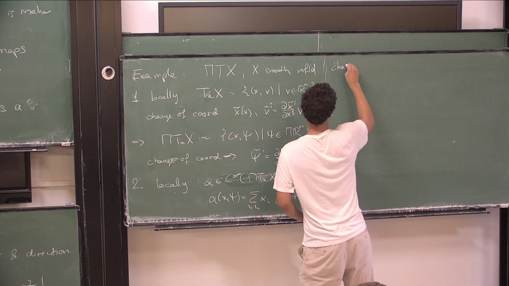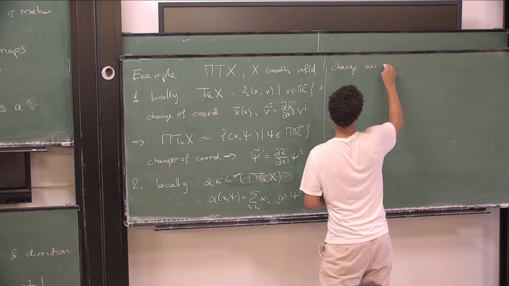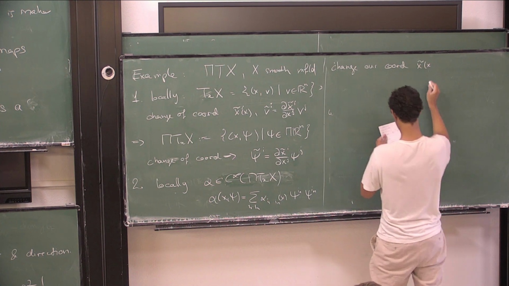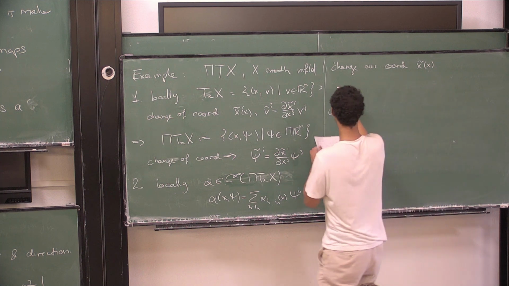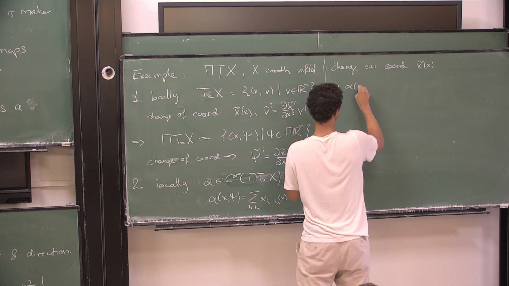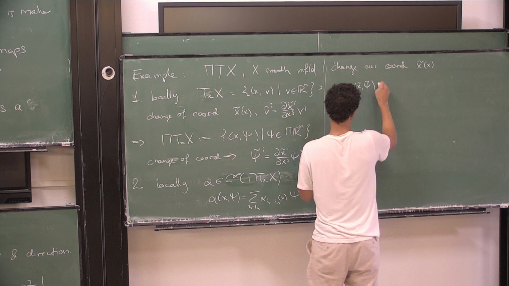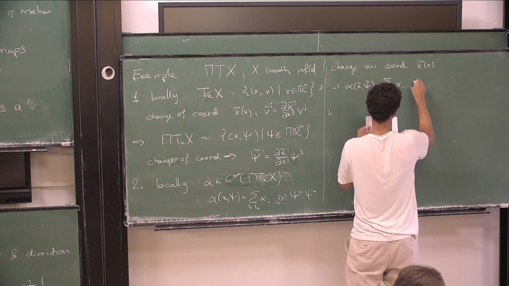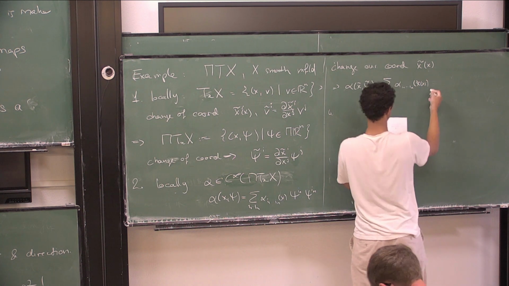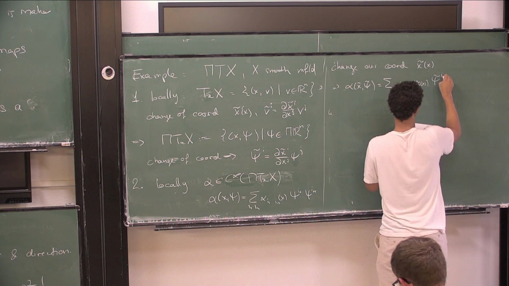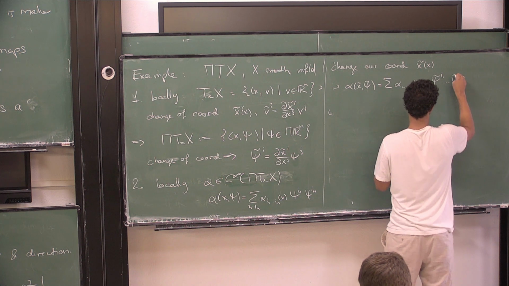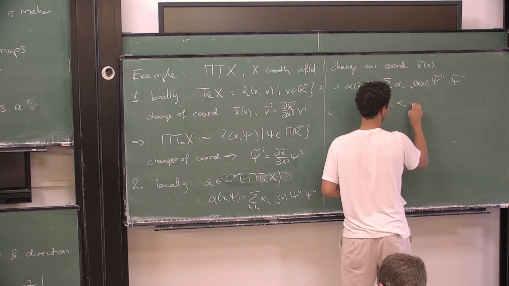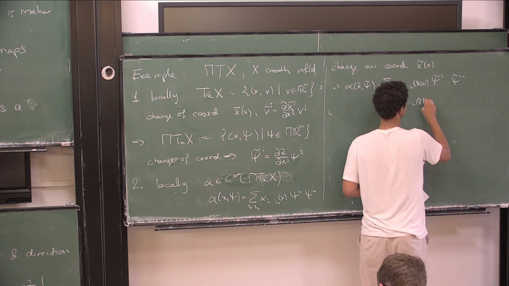So if we change our coordinates to some x tilde of x, then alpha of x tilde and psi tilde looks like the sum of alpha_I of x tilde, and then psi tilde^{I1} to psi tilde^{In}.